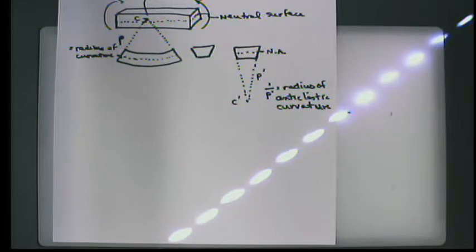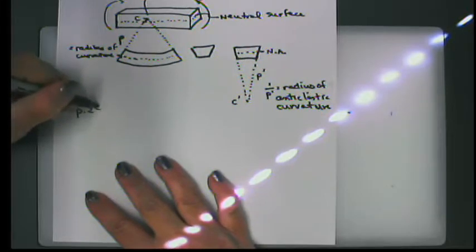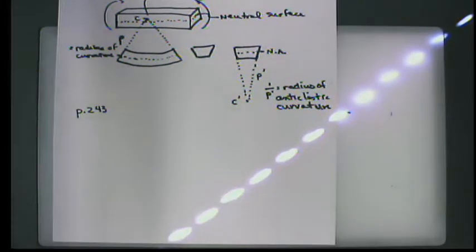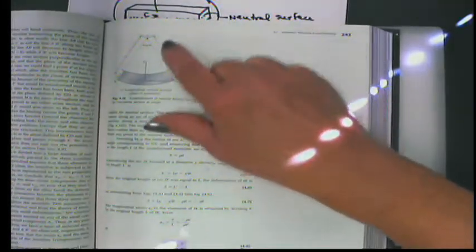The other thing I would like to point out to you, on page 243 of your textbook, they develop this idea, but I want to show you something that is not wrong, but it's confusing or misleading.